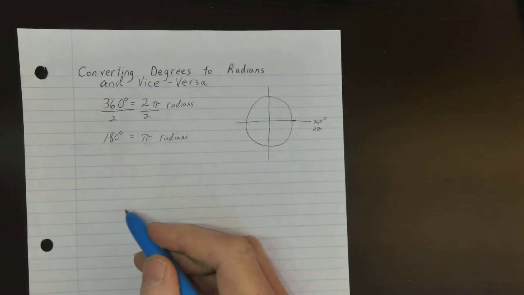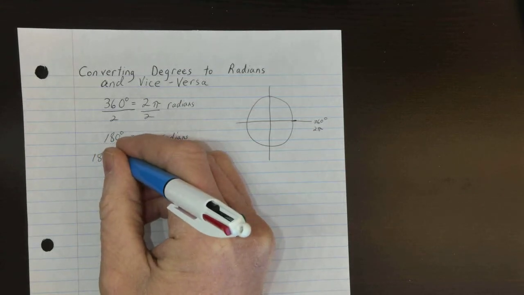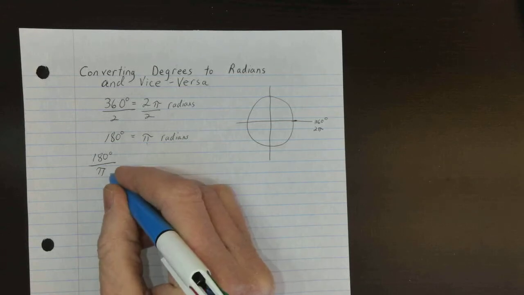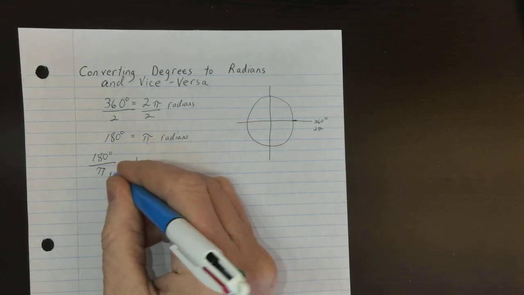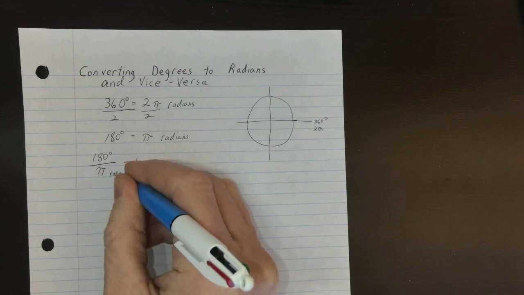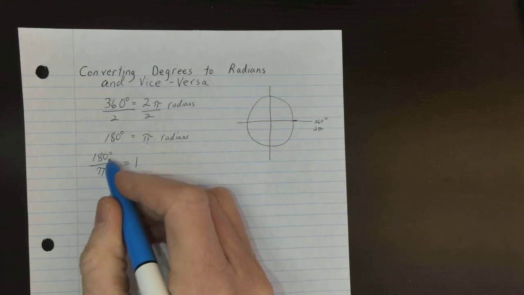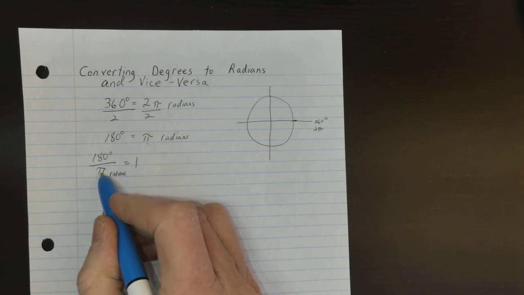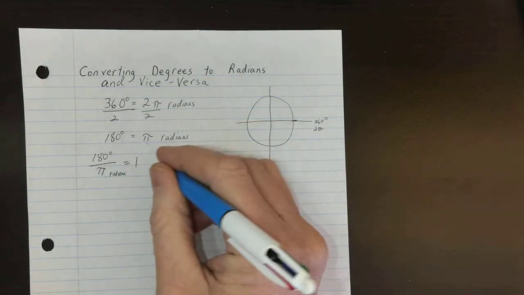So if they're two equivalent angle measures, if I take 180 degrees and put that over pi radians, that is equal to 1. Now, normally we don't write the radians. If we write the degrees, it is degrees, and if we don't write any units beside this, it's assumed to be radians.